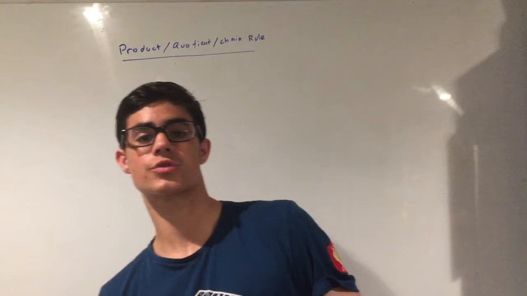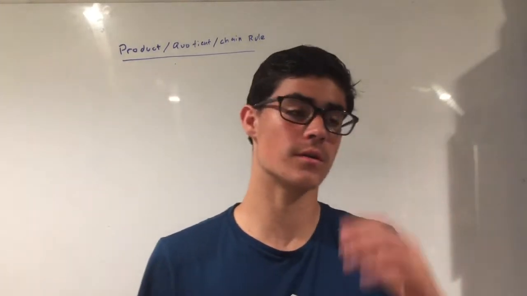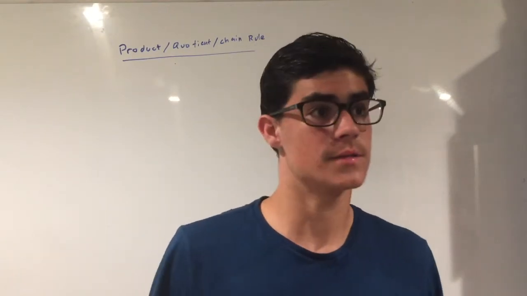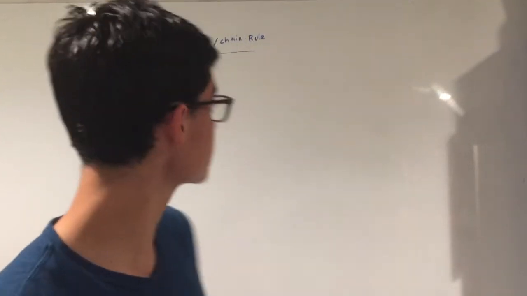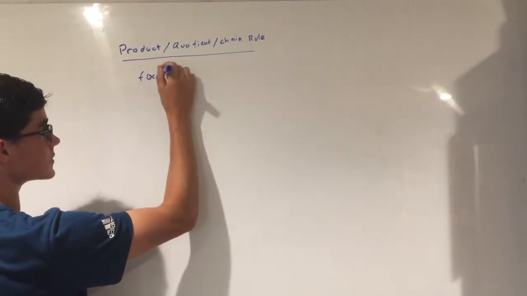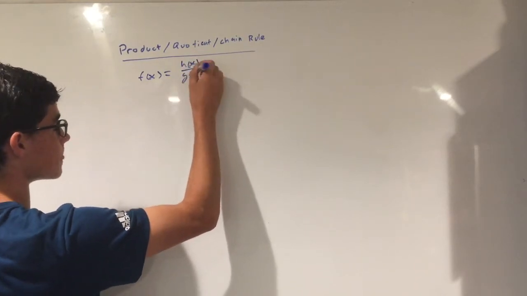Now, moving on to the quotient rule, it is much less used, and I'll explain why towards the end of this video and later in calculus, but it is relatively useful nonetheless. So let's define a function of x in terms of h of x over g of x.